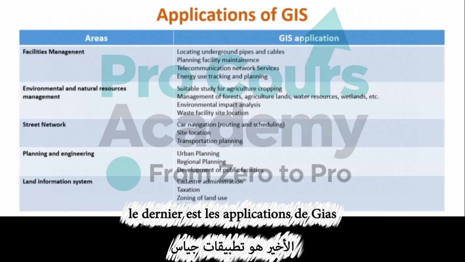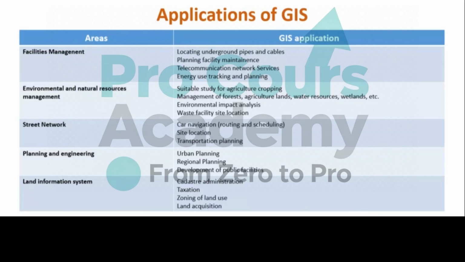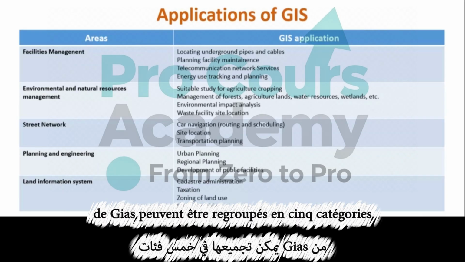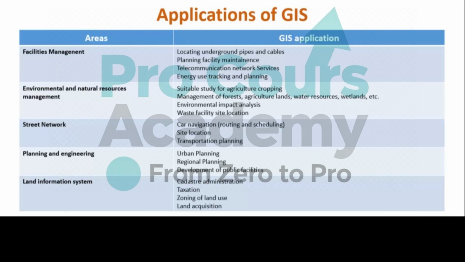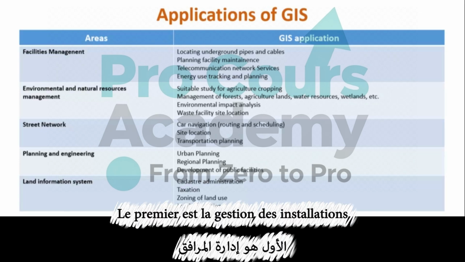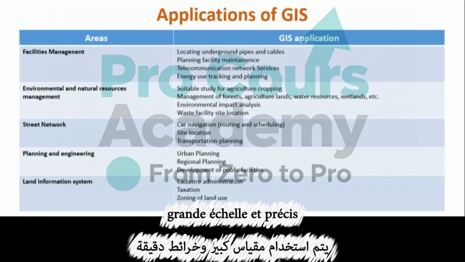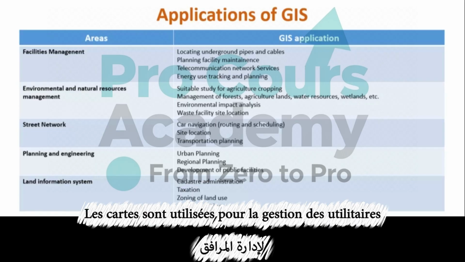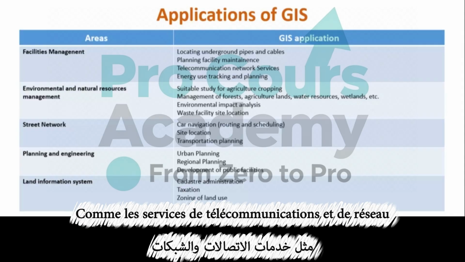The last is applications of GIS. Major areas of applications of GIS can be grouped into 5 categories. First is facility management. Large-scale maps and precise maps are used for utility management like telecom and network services.